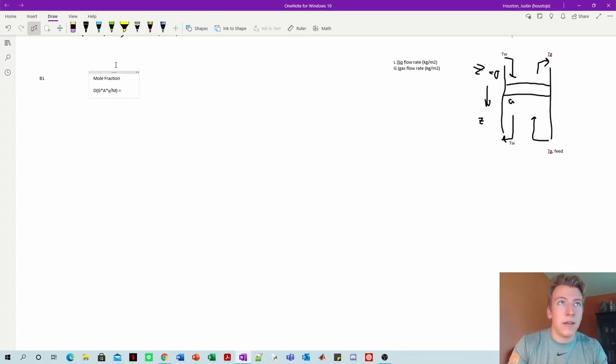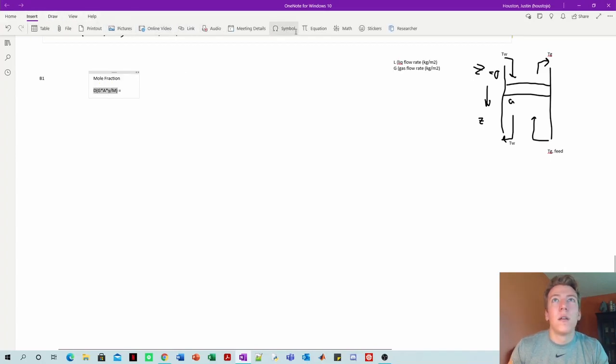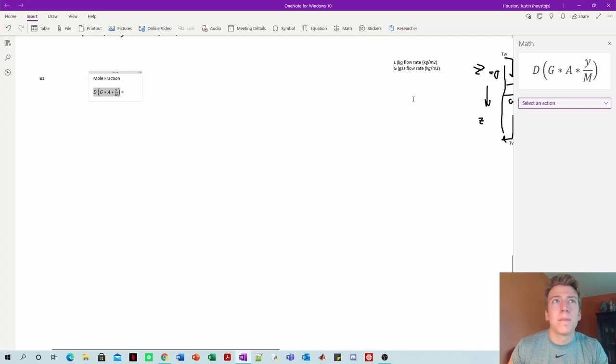So that is the left-hand side. Let me see if I can turn this into an equation real quick, just to make it look more proper. All right, there we go. Although this whole thing is supposed to be, let's see.